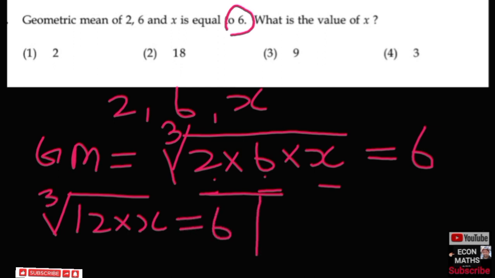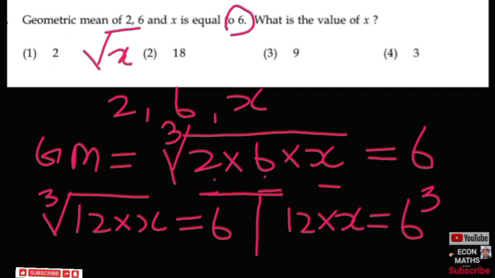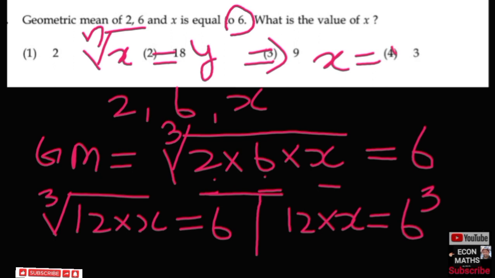Now the root on the LHS will become a power on the RHS, that is it will become 6 cube. So if we are given the nth root of x is equal to y, by simple transposing, the root becomes a power on the RHS, and x is equal to y raised to the power n.